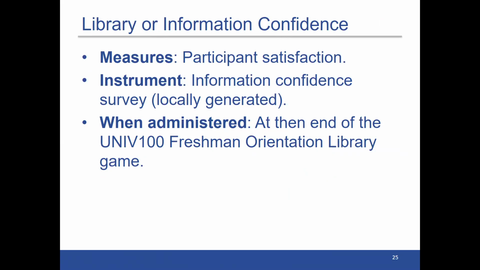We are a required part of the University 100 freshman orientation course. And so when everybody comes trooping in, I think we do between 75 and 80 sessions every fall, at the end we decided to have a game, sort of like a Jeopardy style game. We call it the Library Challenge. And then at the end, we have them fill out the survey.